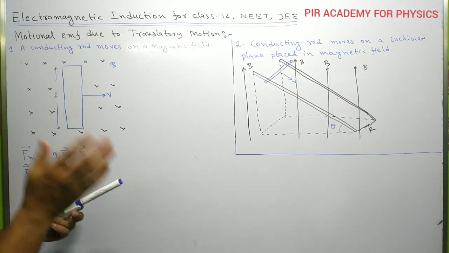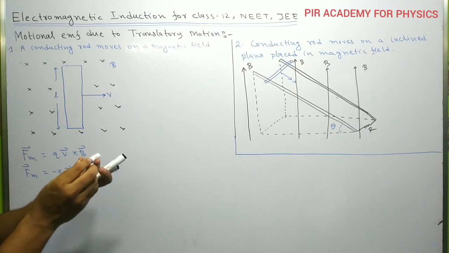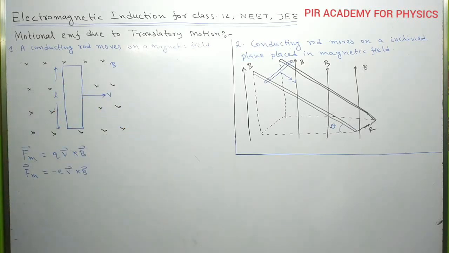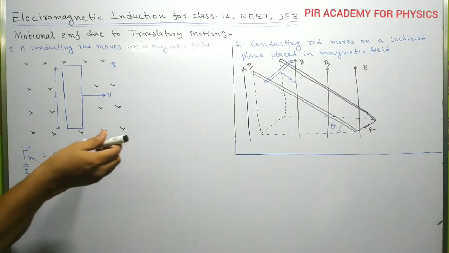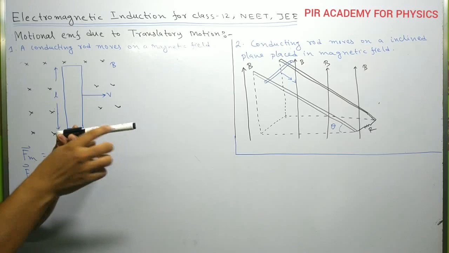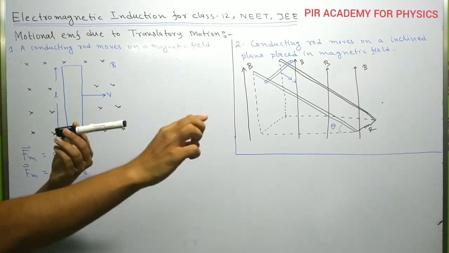Here this is my right hand, the direction of the magnetic field is along this direction, and this is the direction of the velocity of the conductor.